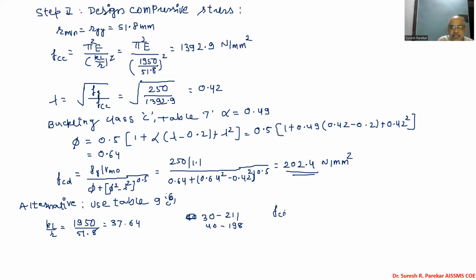Then we have Fcd is equal to 198 plus (211 minus 198) divided by 10 multiplied by (40 minus 37.64).